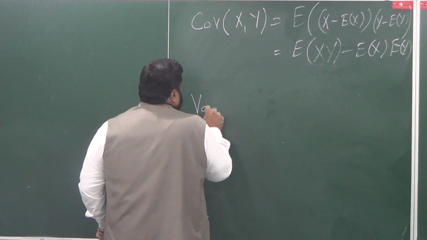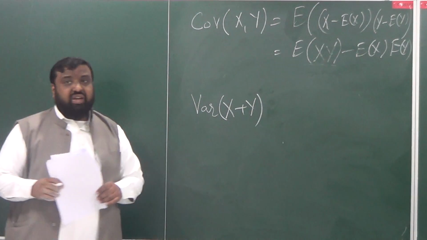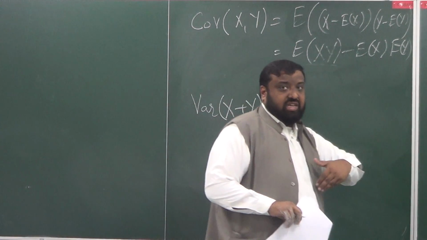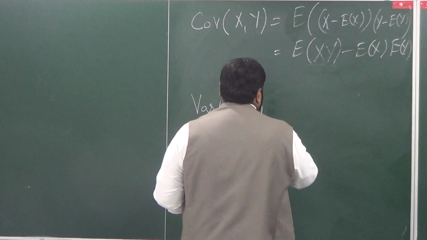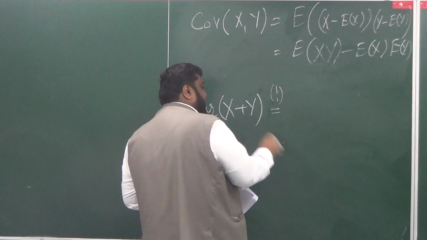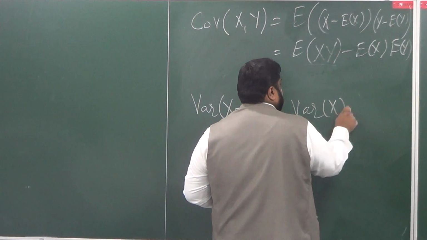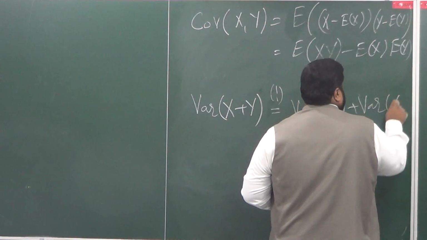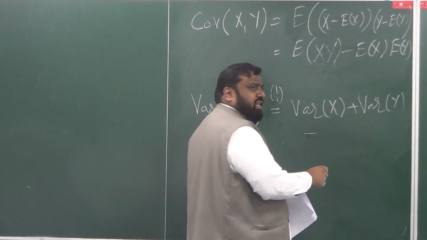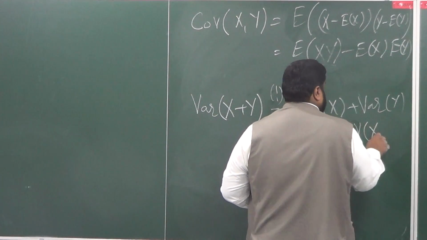How about if you are computing in general the variance of x plus y? Well, I don't know whether x and y are independent or not. Then what you can show, maybe you can verify this, is that this is the same as variance of x plus variance of y plus 2 times the covariance of x comma y.